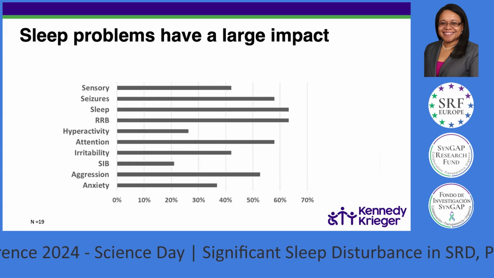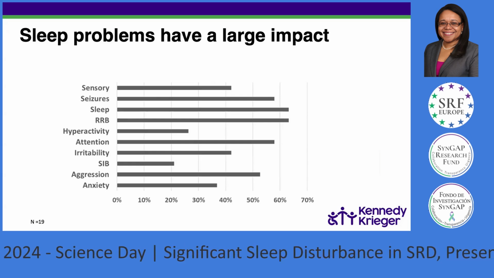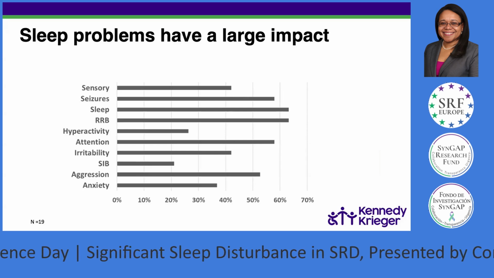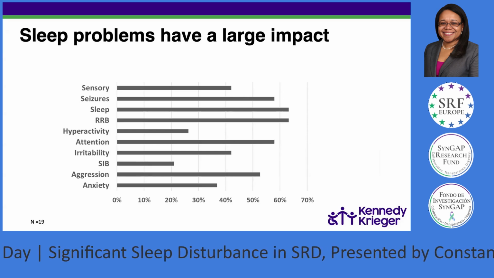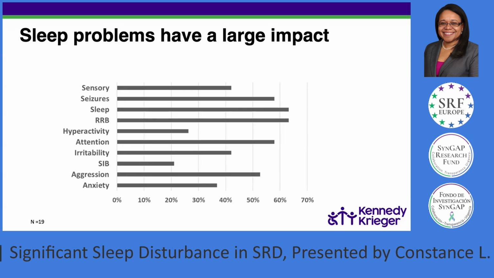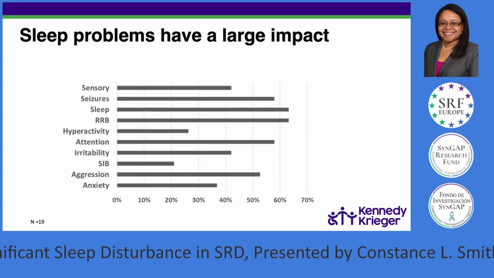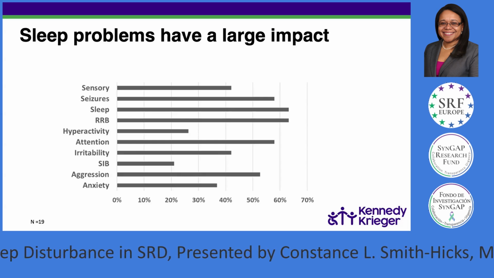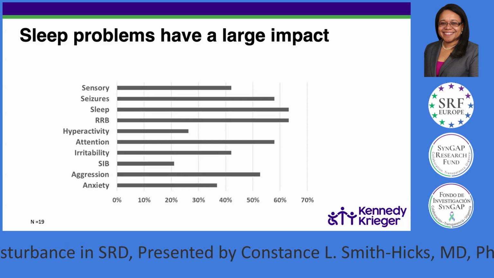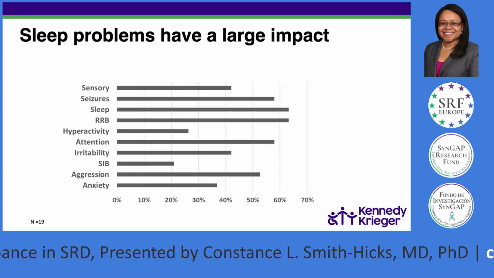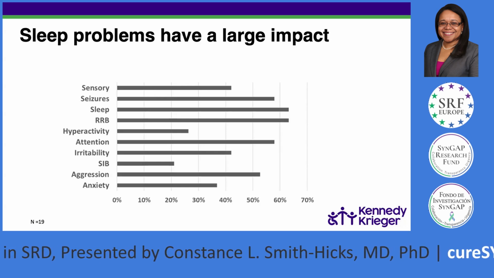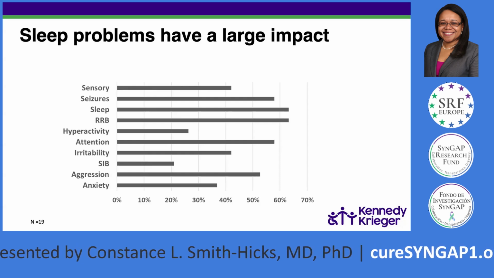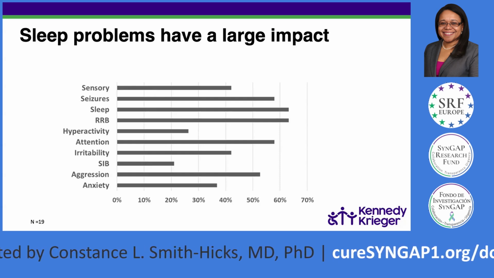In an earlier assessment that we did of a group of 19 individuals in our clinic, we asked parents to rank the impact of sleep on their quality of life. And we gave them 10 clinical features of Syngap 1. And what we've noted here is that about 62% of parents ranked sleep in the top 5 problems. And that was more than those parents who ranked epilepsy.